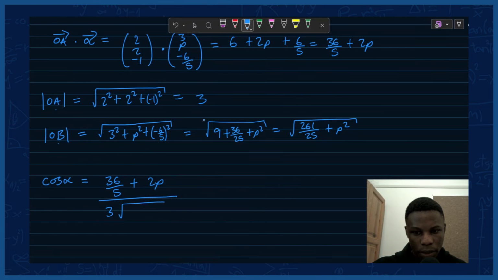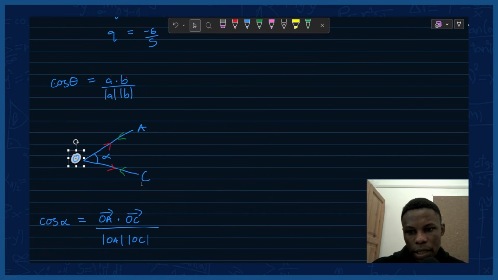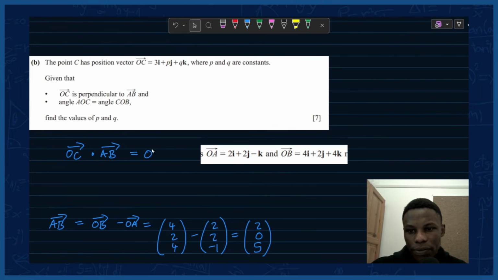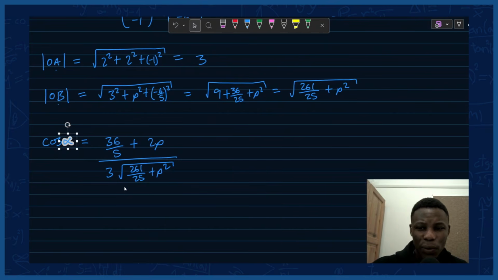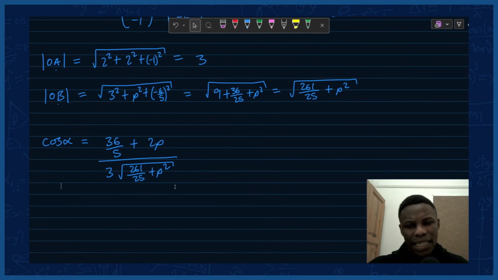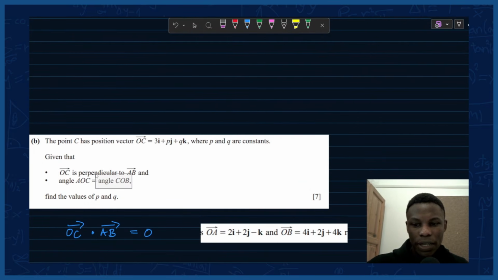So 3 root (261/25 plus p squared). This is cos alpha, or cos of AOC. Now we need to find angle COB. By the way, here you could just do alpha equals arccos, but you'll see why in a second we don't really want to do that, because it doesn't help us much. Now we just need to do the same thing, but for angle COB.